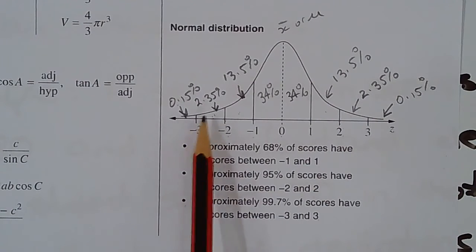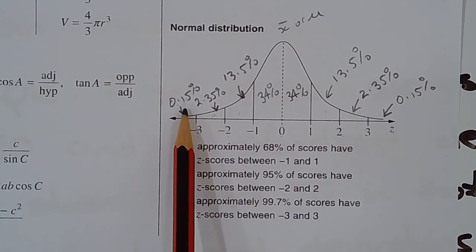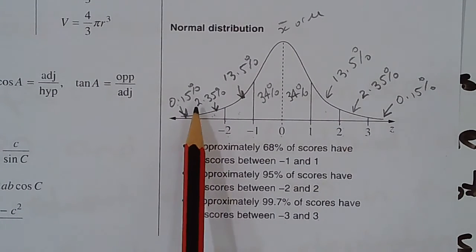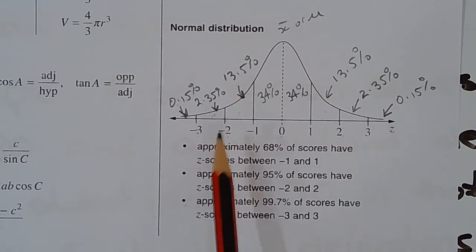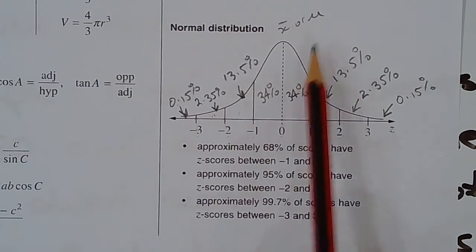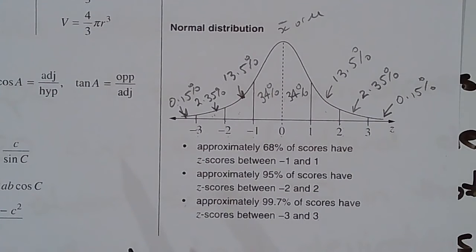That tail here, 2.35 plus 0.15, that's 2.5%. So the Z-score, and that's all we need, tells us where in the normal distribution that score is located, based on how far away it is from the average. It's got nothing to do with the average itself. It doesn't matter. All we want to know is how far from the average that score is.